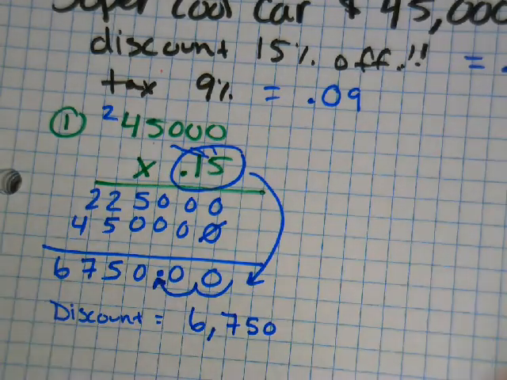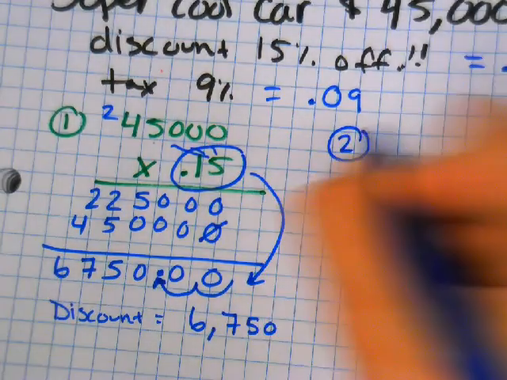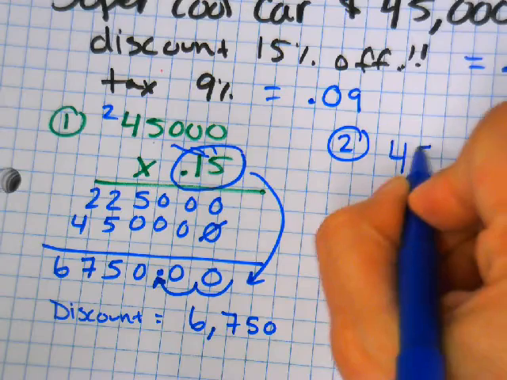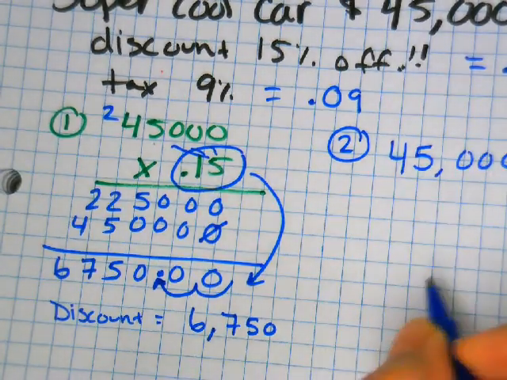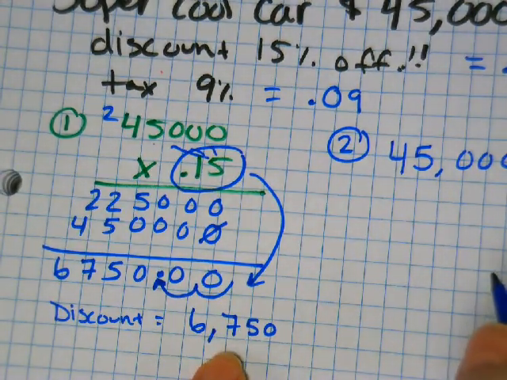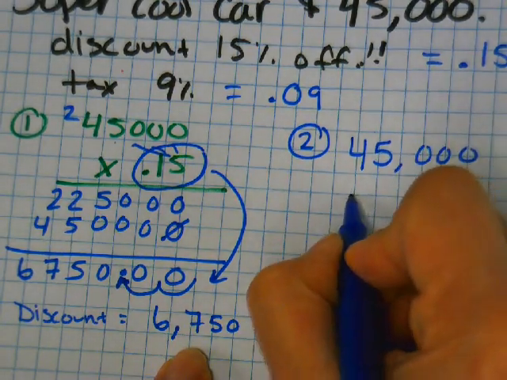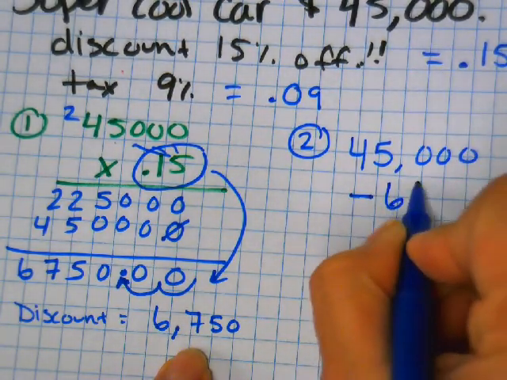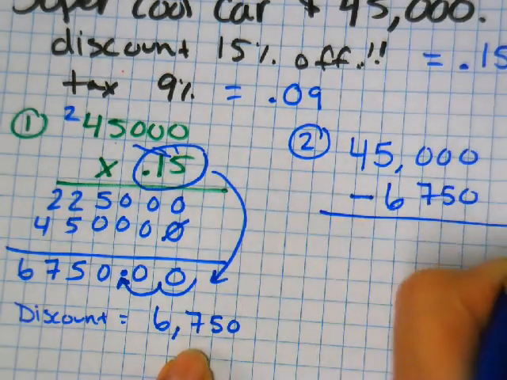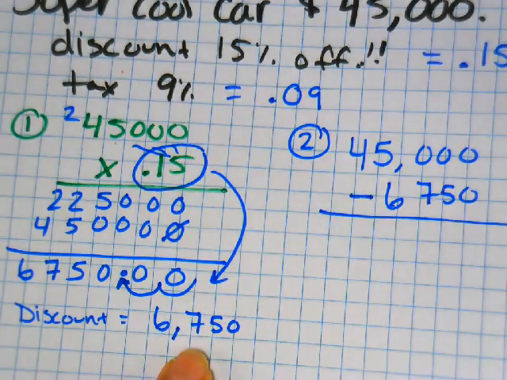Fantastic. Cars are not cheap. So we take $45,000, and since we have a discount, we subtract it. Our second step is to subtract with borrowing.